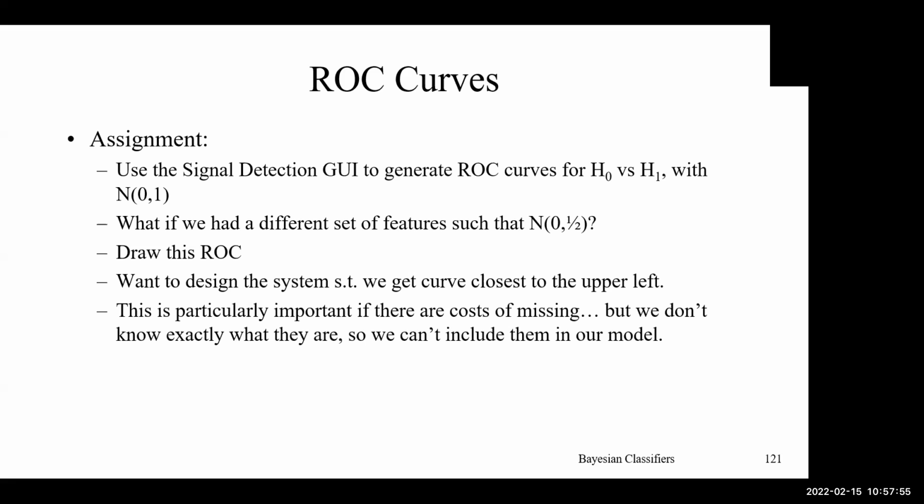And I want you to make some ROC curves. On the handout, I specify your system parameters. You're going to test 4 different systems. So you're going to enter in the parameters for A and try a bunch of thresholds and measure your errors.